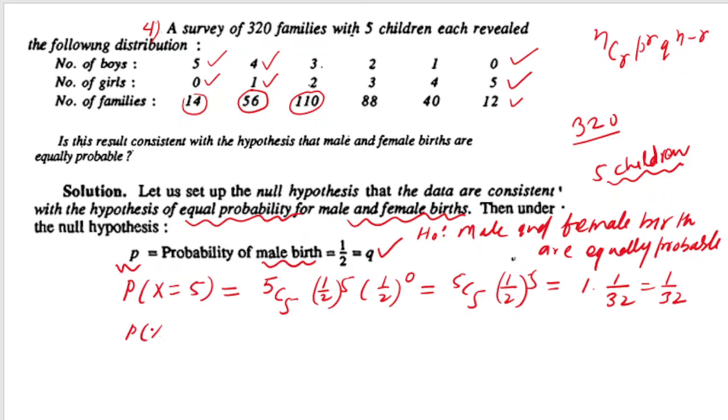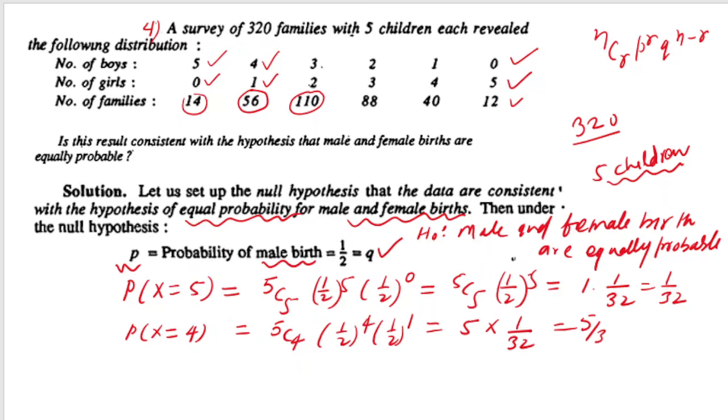Similarly, for the probability of 4 boy children and 1 girl child, I will calculate 5C4 into 1 by 2 to the power 4 and 1 by 2 to the power 1. 5C4 is equal to 5, and then 1 by 2 to the power 5 is 1 by 32, so this will be 5 by 32.